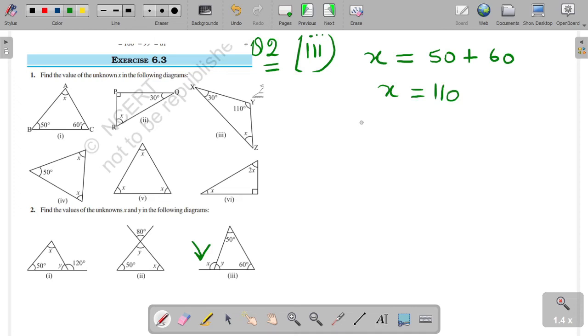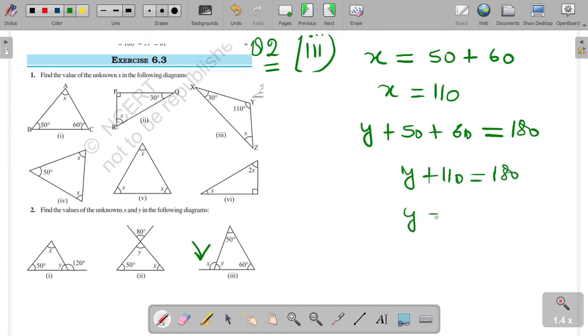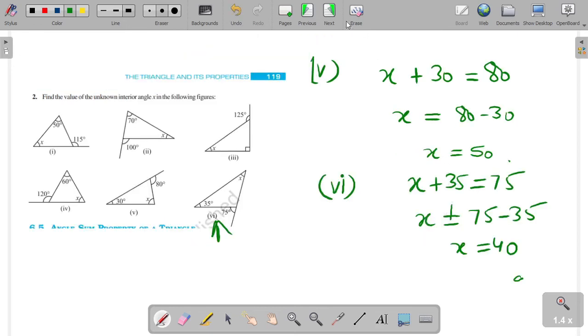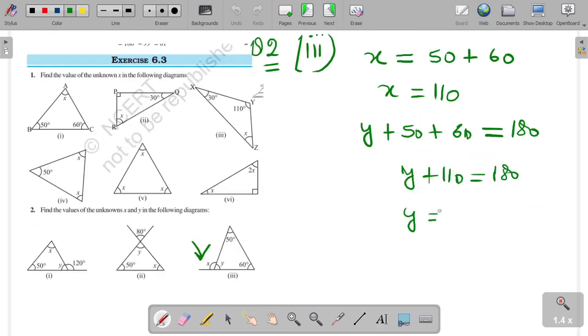Next, we use angle sum property. y plus 50 plus 60 is equal to 180, or y plus 110 equals 180, or y is equal to 180 minus 110, or y is equal to 70 degree. This is the question number 2, third part.